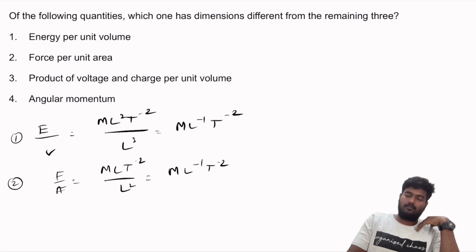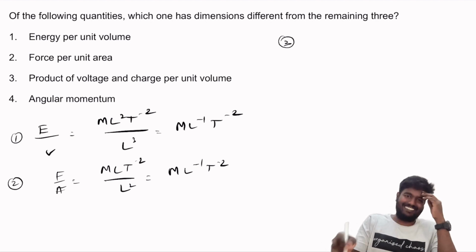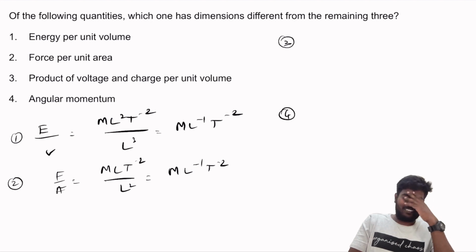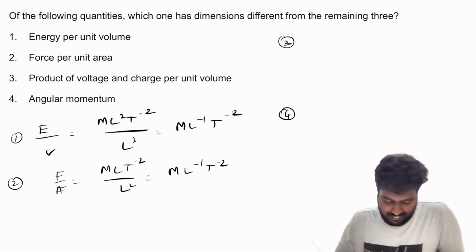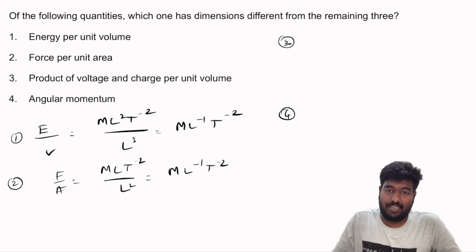Okay, third one, product of voltage and charge per unit volume. This is a little complicated, so we'll work out the angular momentum first. We know that angular momentum is mvr.